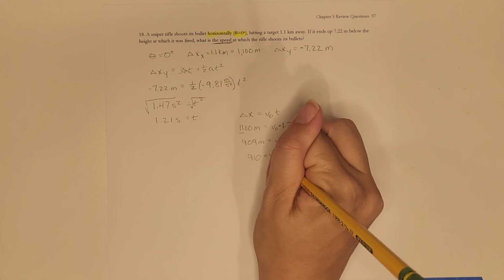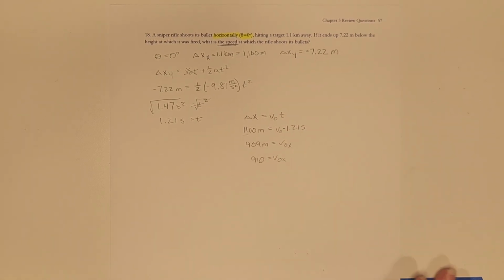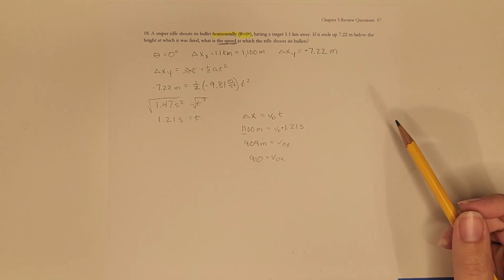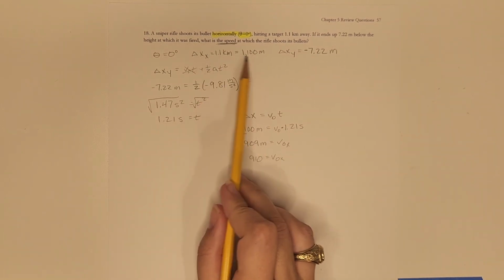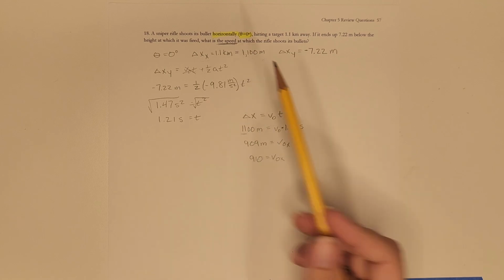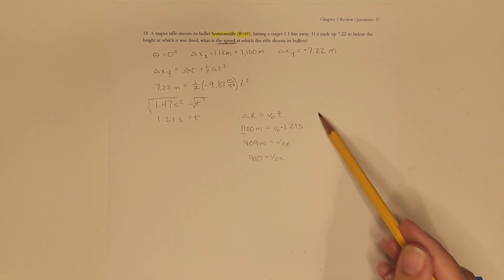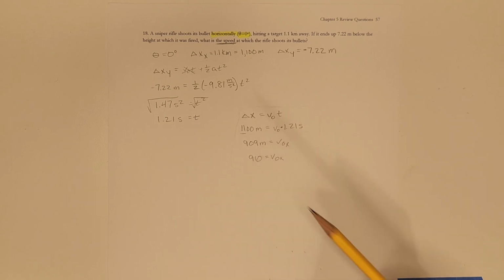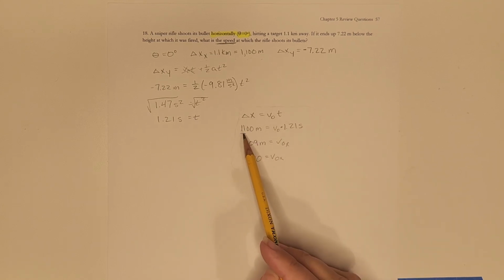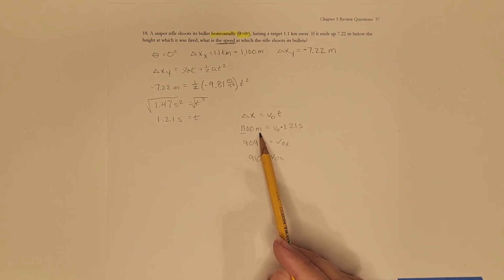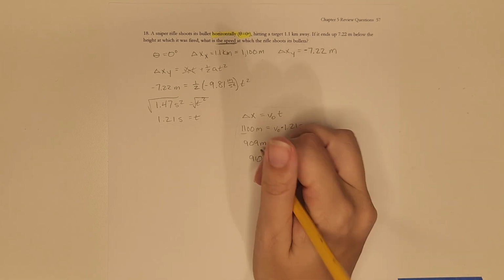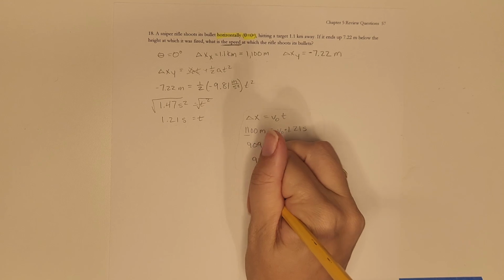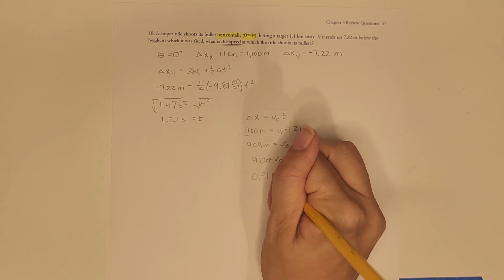Now, in this particular instance, we actually would have been okay not converting the kilometers to meters, because in this equation, all that we brought over from here was time. And so we technically could have still kept this as 1.1 kilometers, and our answer instead would have just been 0.91 kilometers per second.